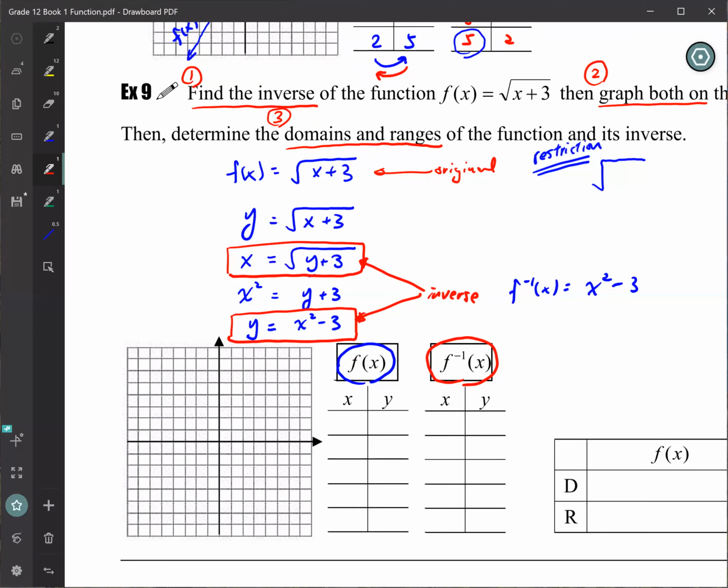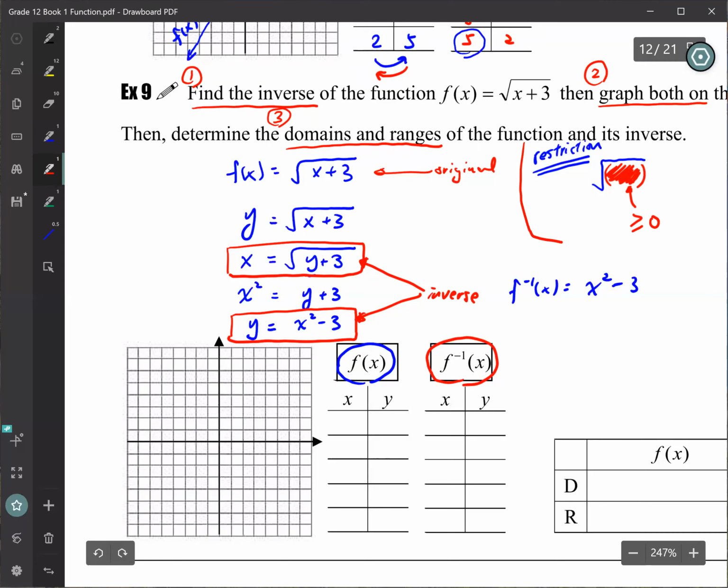Okay, so can it be -3? No. Or yeah, it can. -3 is also okay, right? So anything that's inside, you can write it on the side. Whatever is inside, you must make sure it's greater than or equal to 0, okay?